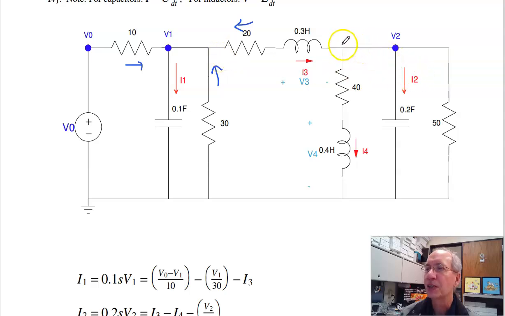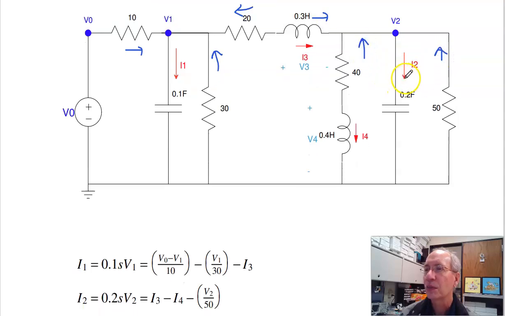Second capacitor, I2, is this current plus this current plus this current. So that's equal to 0.2 SV2 is this current, I3, minus I4, plus 0 minus V2 over 50.